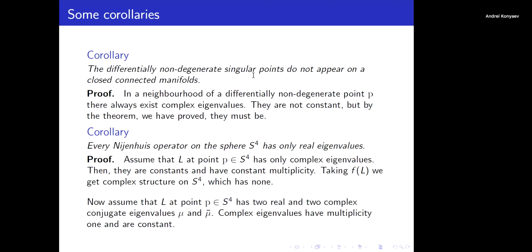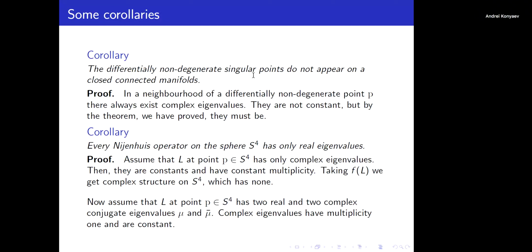If you recall, we've already discussed that an almost complex structure is an operator field such that if you square it, you get negative identity, right? So basically, the theorem says that only two-dimensional and six-dimensional spheres have an almost complex structure.